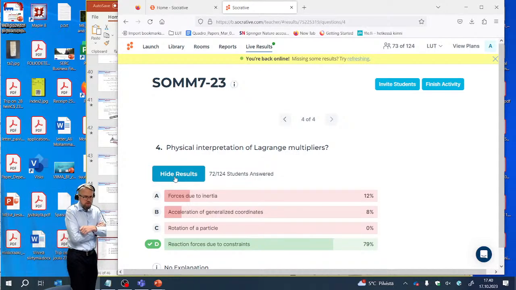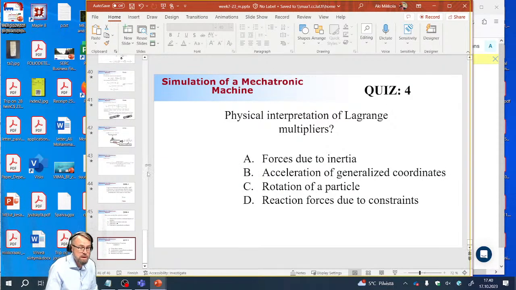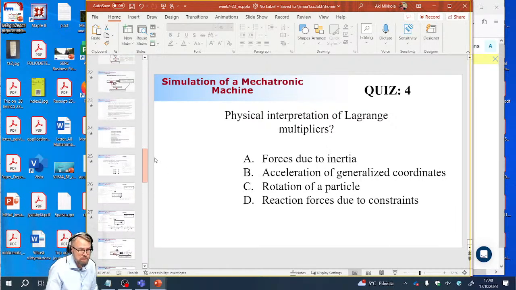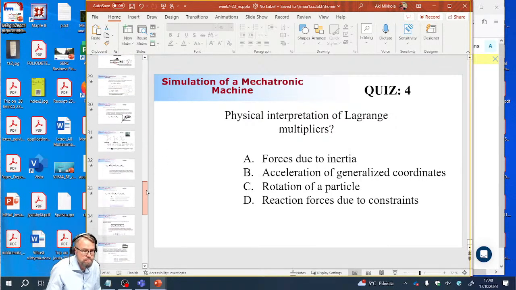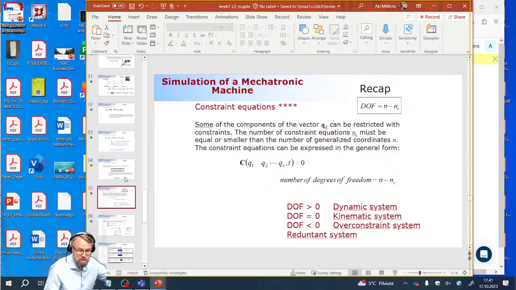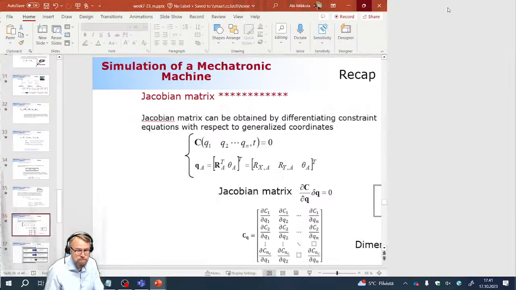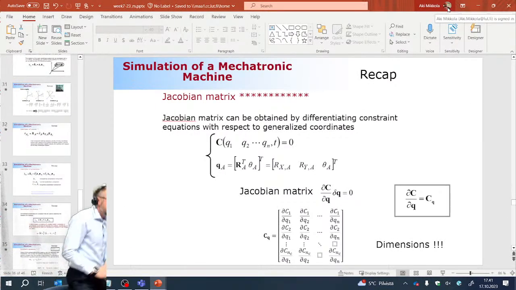Sure. Because the Jacobian matrix was rated so high, what is the deal with that? Okay, this is a good one. This is really important. The Jacobian matrix was ranked as important as it can be.